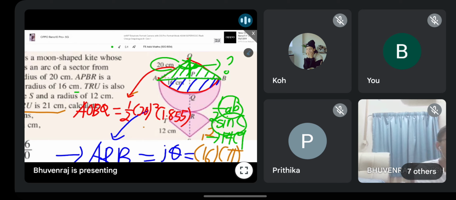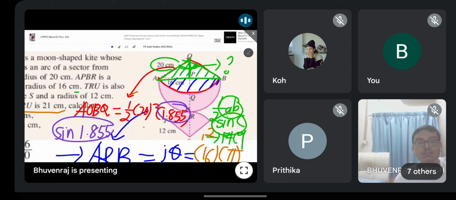Okay, so guys, I want to ask one question to everyone. Just now I got the angle is 1.855, right? For AOB. So guys, can I use sine 1.855? Yes or no? Okay, the rest, can I hear your opinion?